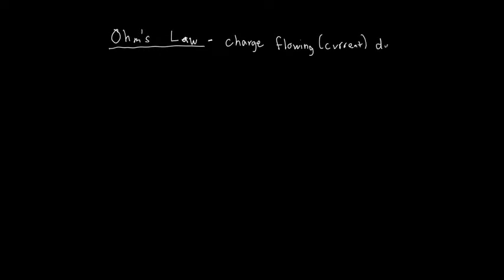Now we can relate current to things that we've already studied, and another concept that we'll study in a moment, something called Ohm's Law. And Ohm's Law tells us that charge flowing in a circuit, current, depends on two things: voltage and resistance.